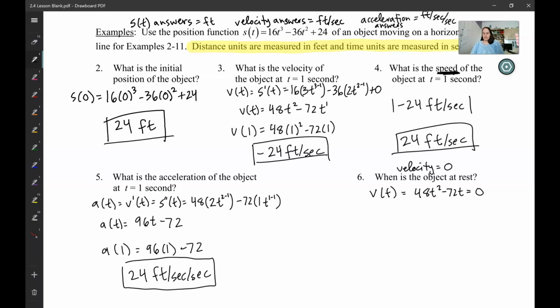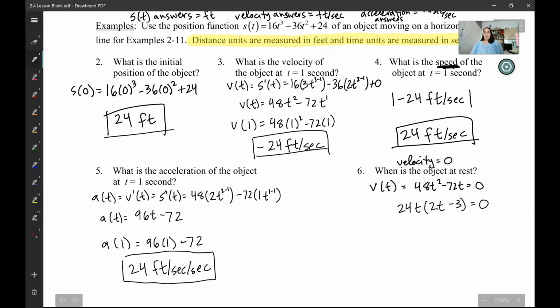So I look at this, I have a greatest common factor that I can take out, 48t, which is going to leave me with a t minus, oops, that's not my greatest common factor, is it? I think it's 24 actually. Let's try that again. 24t, so we get 2t, yep, there we go, minus 3.